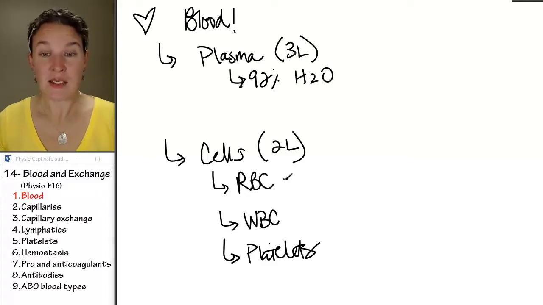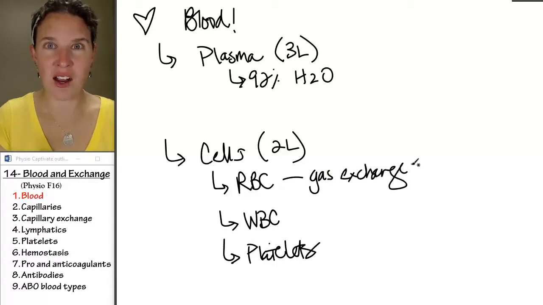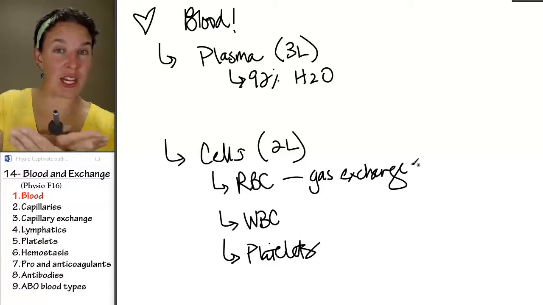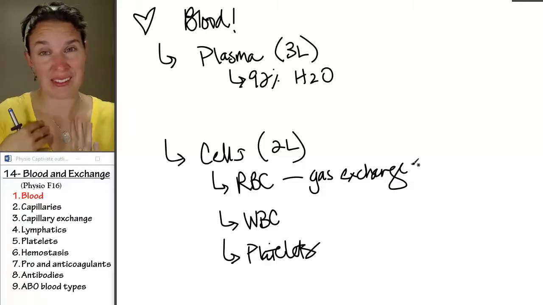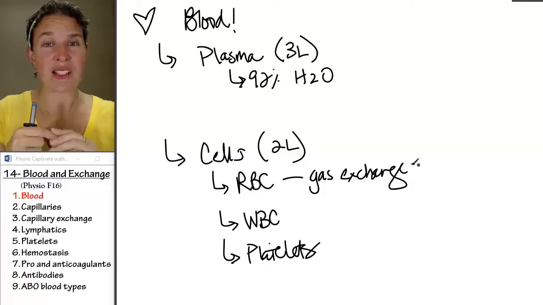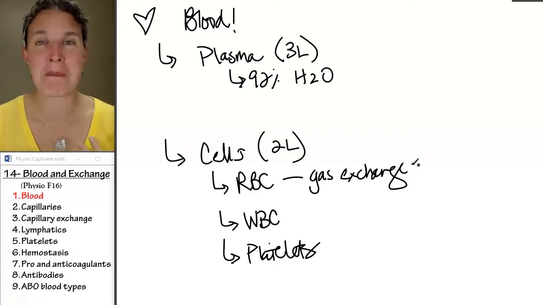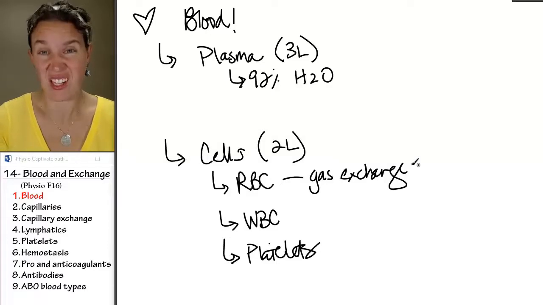Red blood cells are all about gas exchange. So they're carrying oxygen and carbon dioxide and delivering and exchanging those gases with the rest of the cells, like everybody. Your cells have to be within a tenth of a millimeter away from a blood supply, or they'll die.